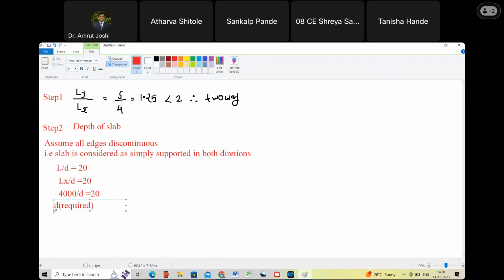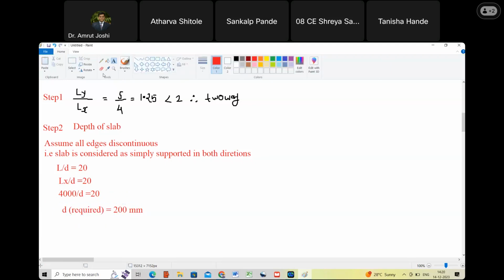How much is D required? 200. Can you tell me? Sir, it is 200. So D required is equal to 200 mm. So we will provide D equal to 200 mm.